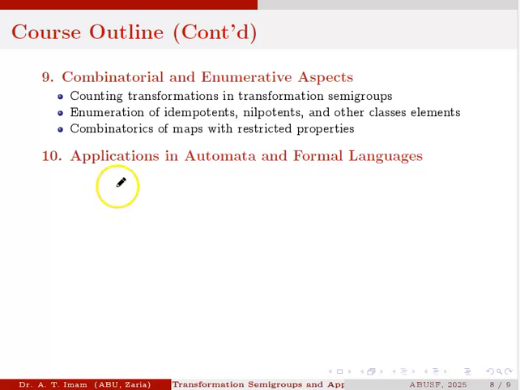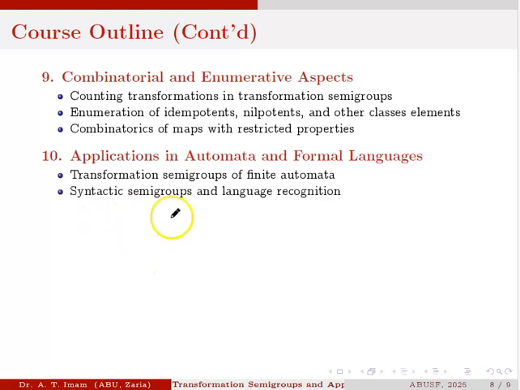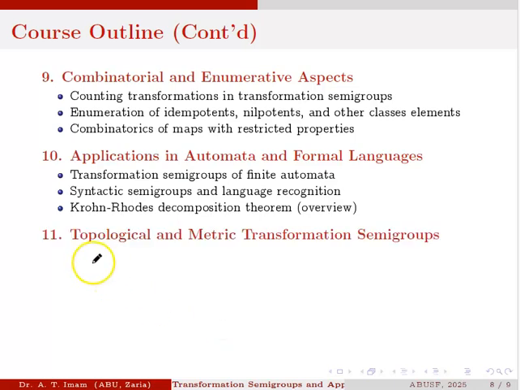In chapter 10, we will look at applications in automata and formal languages. So it is from the 10th chapter that we will start looking at where transformation semigroup can be applied. And then we'll look at application of transformation semigroup to infinite automata, and then we'll look at syntactic semigroup and language recognition, and then we'll also talk about the Krohn-Rhodes decomposition theorem, and then the 11th chapter will be talking about topological and metric transformation semigroup, and here we are trying to see the connection between topology and transformation semigroup.